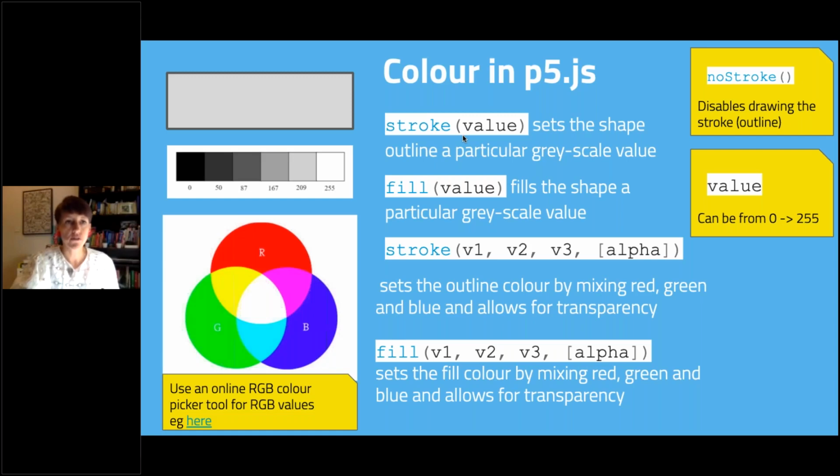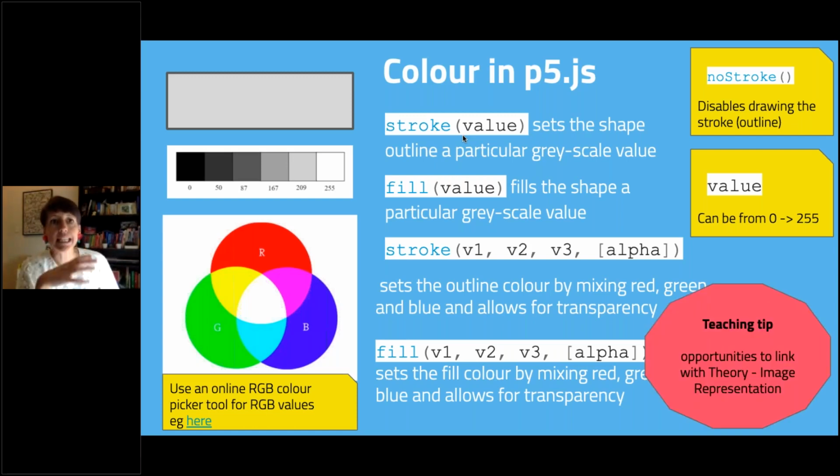Obviously, besides red, green, blue, and possibly cyan, magenta, and yellow, white and black, I don't know any RGB values off by heart. I tend to use a color picker tool. And students, of course, can go down a massive rabbit hole picking colors there. But it does allow for a great link to the image representation part in the theory of both GCSE and A-level and BTEC computing.